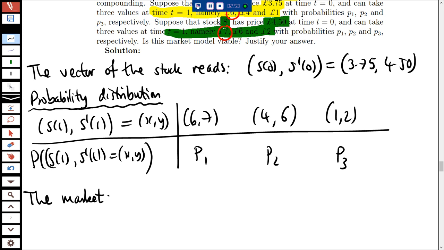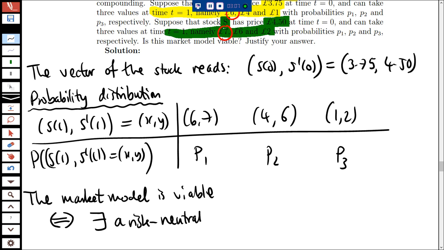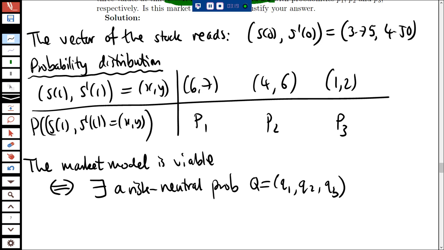Now some theory. The market model is viable, so what does that actually mean? Mathematically, it means there exists a risk-neutral probability Q, which consists of three values because we have three possible outcomes, such that each of the Q's is between 0 and 1, and they all add up to 1.